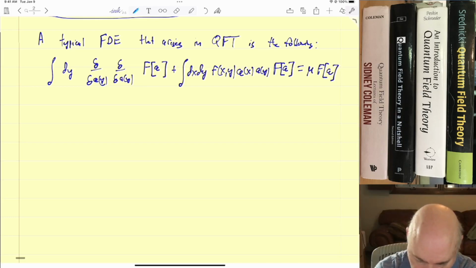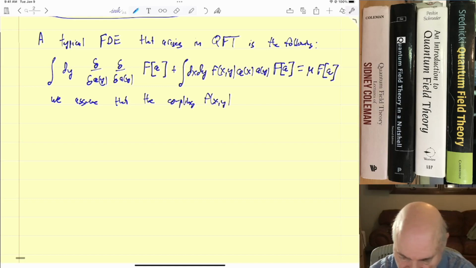In this equation, we assume that the coupling f(x,y), you can see f(x,y) couples fields, the a's are fields at two different points, is symmetric.